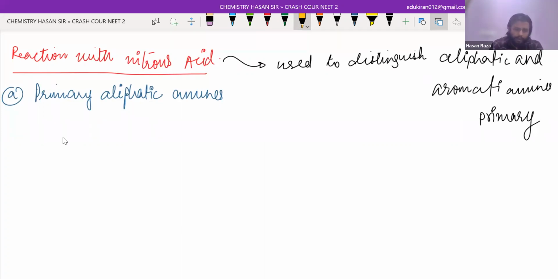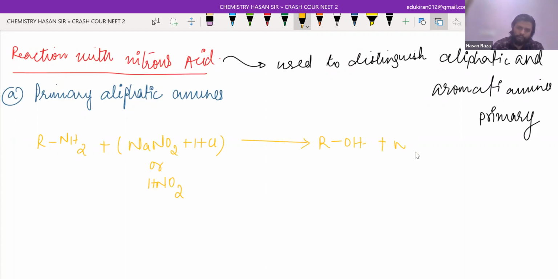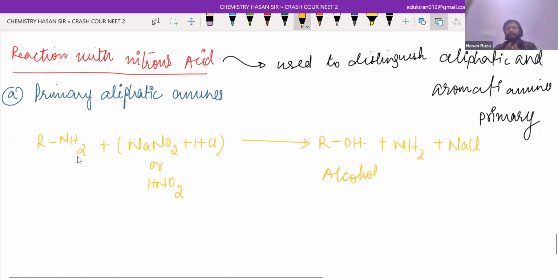So if you are going to react this with nitrous acid, as I told you, NaNO2 plus HCl, or you can directly write HNO2, then you will be getting alcohol plus N2 plus NaCl. If this amine will be aromatic, then benzene diazonium group will form.